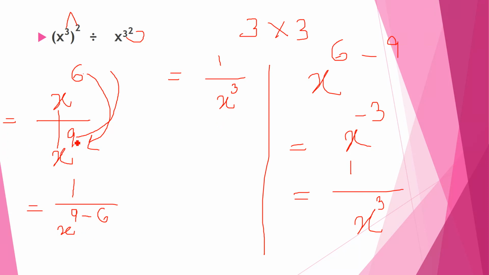Here what we did, because we know that 9 is greater than 6, so we brought the 6 exponent to the denominator, automatically it was positive. But if you want, you can take this 9 to the numerator, then it will be minus 9, and x to the minus 9, if you want to make it positive, 1 divided by, then take this back to the denominator.